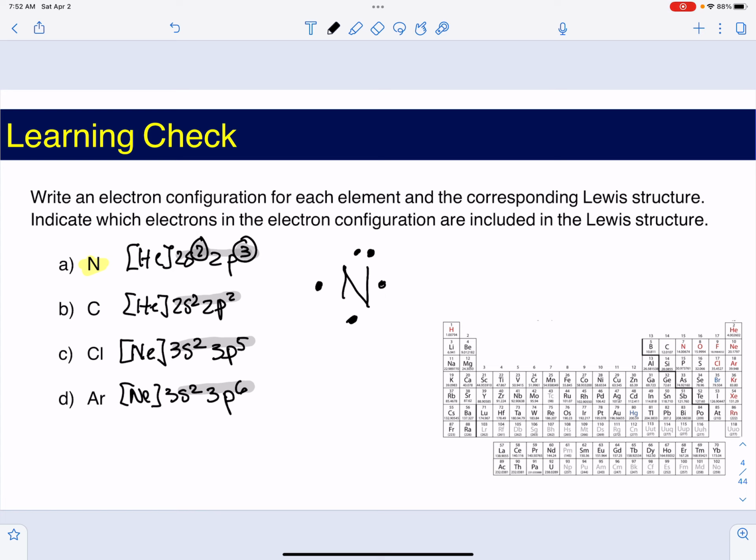Because this is a model that allows us to take everything we learned in the quantum theory and put it in a very simple way. And look at everything we can see from there now. In this Lewis structure, we have 3 valence electrons that are unpaired. That means that nitrogen can make 3 bonds.